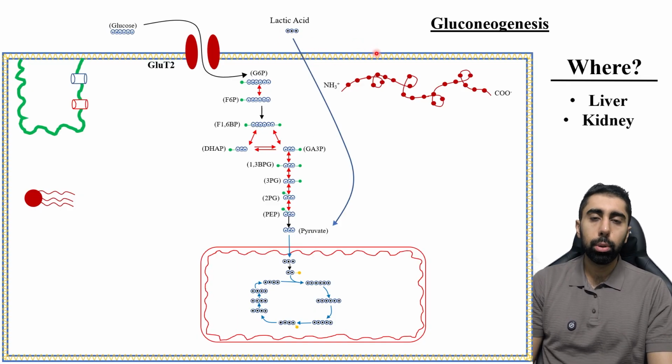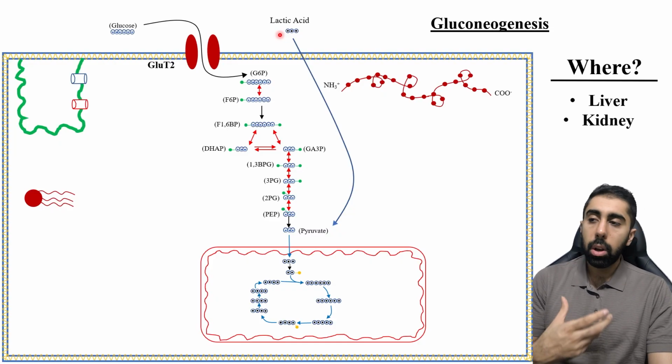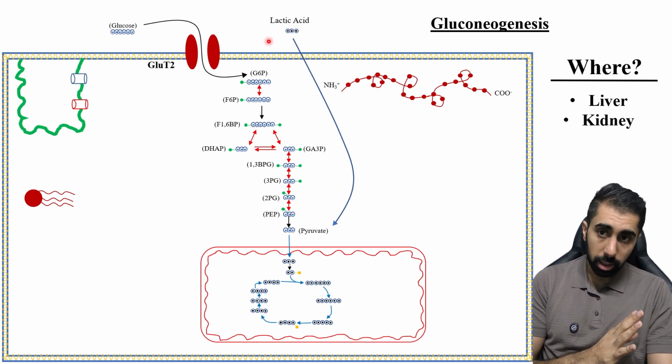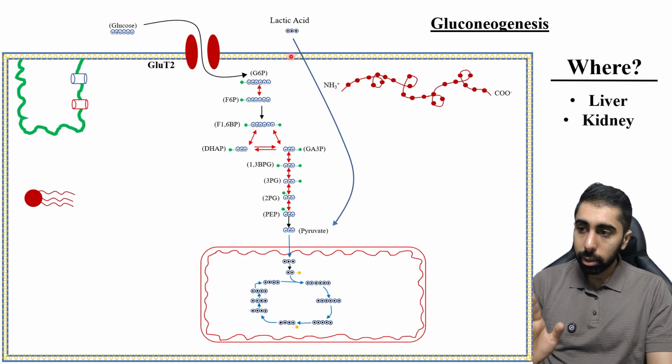For example, you're doing intense physical activity and the amount of lactate and lactic acid in your muscles increases, and you want to get rid of this lactic acid somehow. Your body transports lactic acid from muscles to the liver in order to turn it into pyruvate.